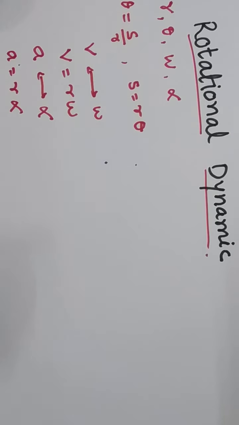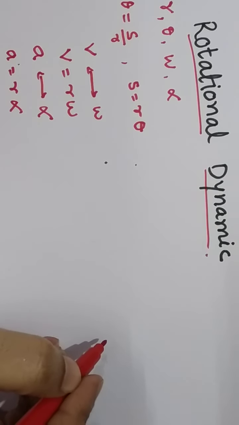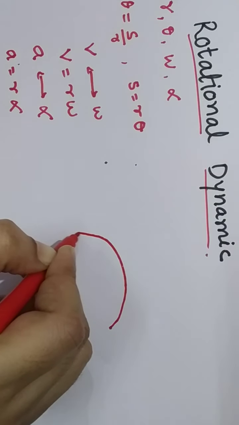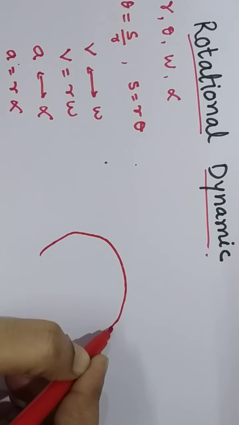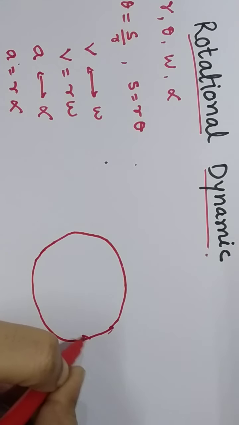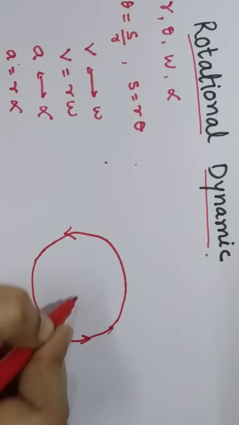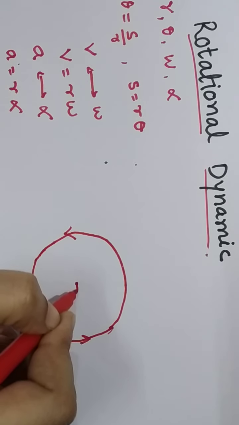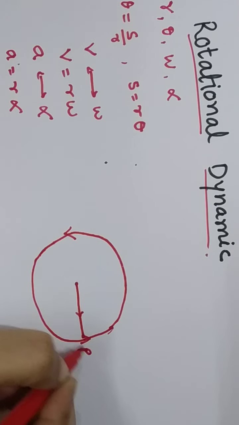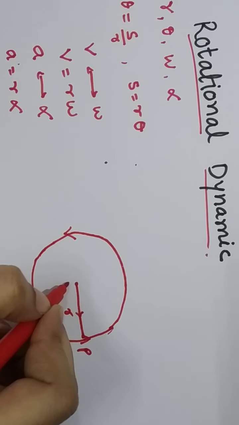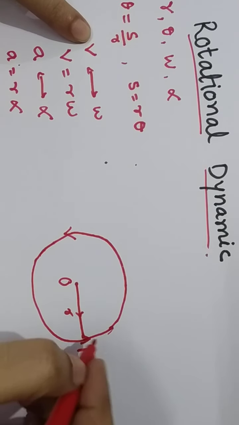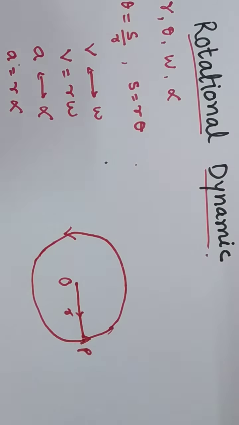And again, let us concentrate on their direction. Consider a particle performing circular motion along the circumference of a circle of radius r. So the radius vector is a vector directed from the center to the position of the particle. This is r. Similarly, the direction of linear velocity is always tangential to the circle.